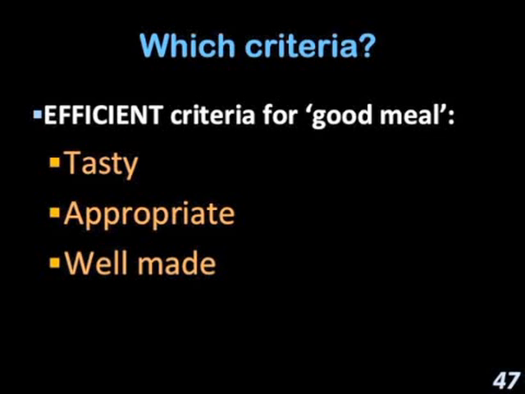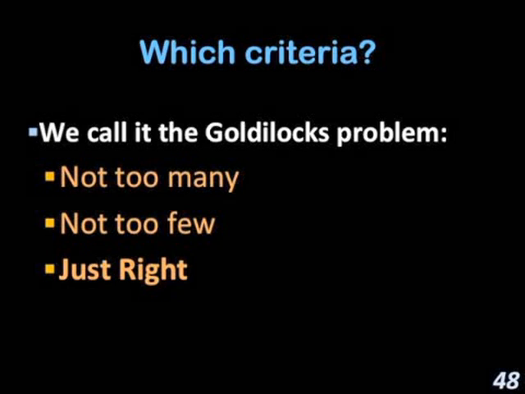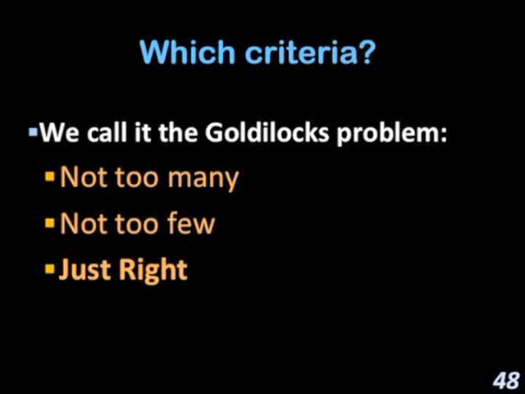You might have made a different choice. You might have said nutritious, tasty, well-presented. It doesn't matter, as long as we're comfortable that the three criteria do a good job of balancing efficiency with effectiveness. It's what we call the Goldilocks problem. Not too many, not too few, just right.